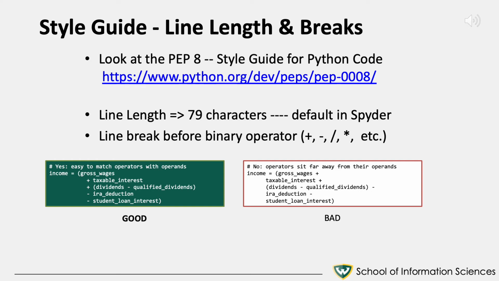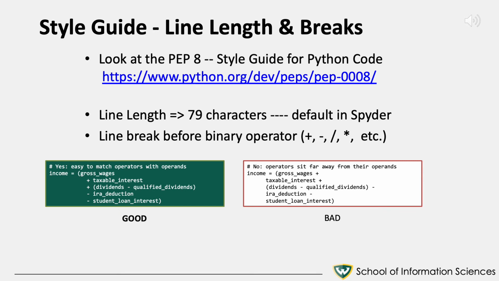Then you add the binary operator and the next variable. Enter. Binary operator, and in this instance, you have parentheses and two variables, but you're not breaking the line here, so it's okay. After that parentheses, you enter, and then you have the next binary operator, the same thing.